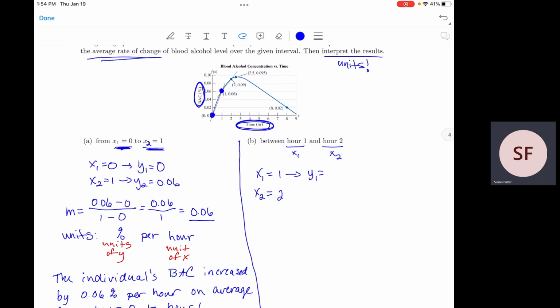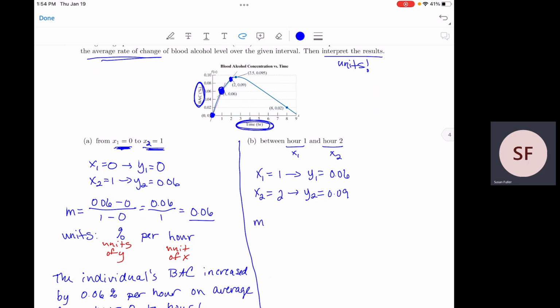So if x1 is 1, then y1 is the y value that goes with x equals 1. Again, this point right here tells us that. And y is 0.06 when x is 1. And y2 is going to be our y value when x equals 2. We'll come to our graph. This is the point that's going to tell us that. When x equals 2, y is 0.09.